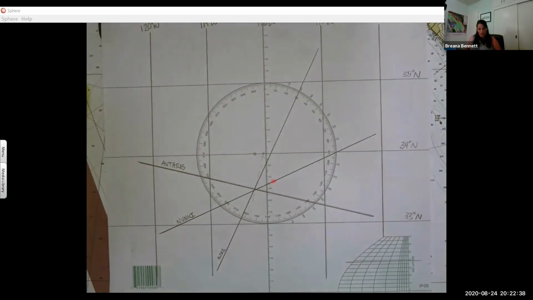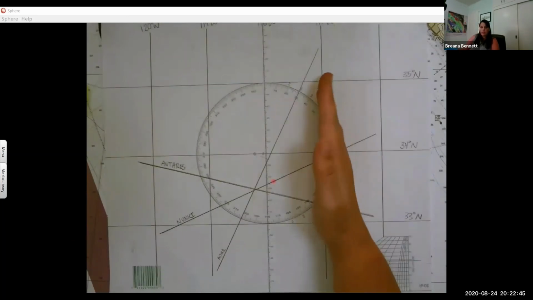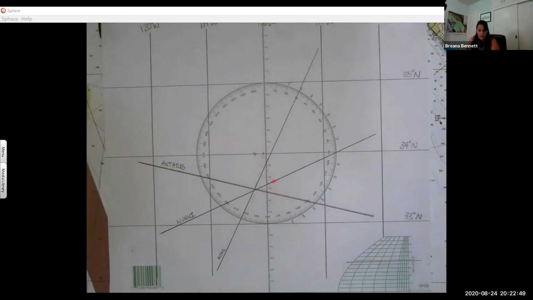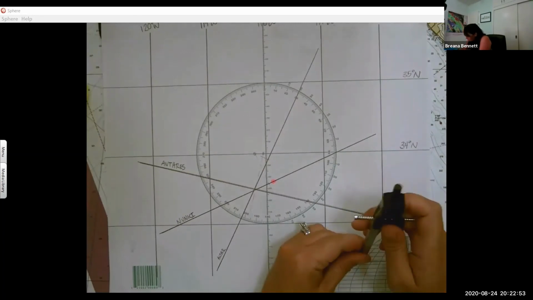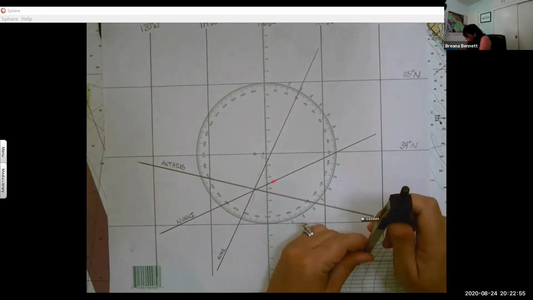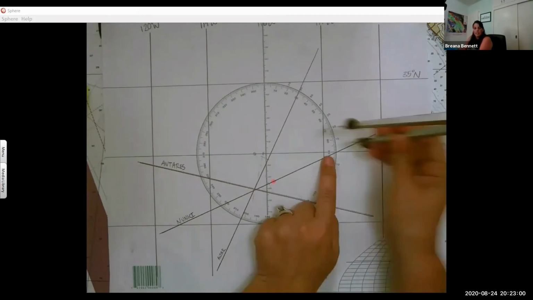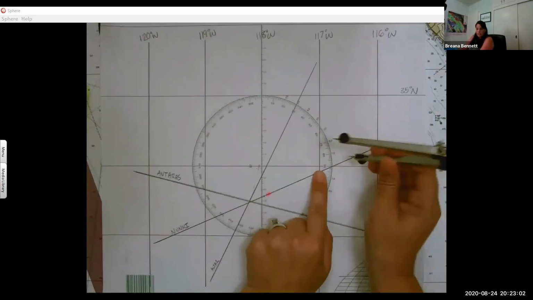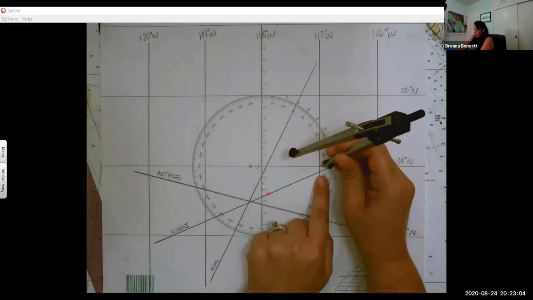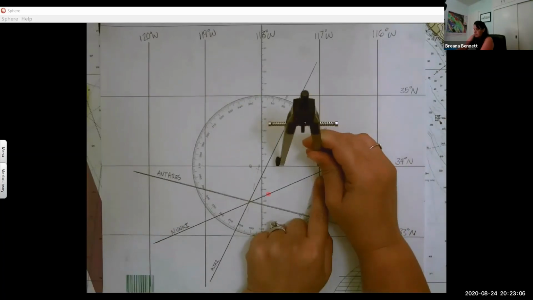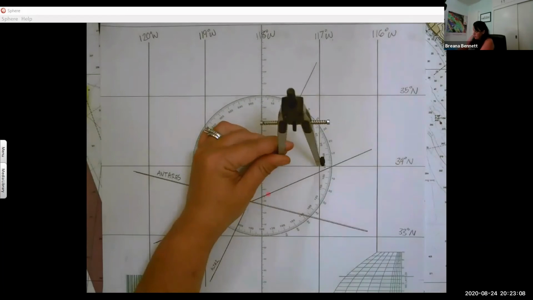Okay, let's plot some more. Our next one, Arcturus, is going to be from 117. So we got to take a mental note of that for our assumed longitude. And then it is 40.5. So 117, 40.5. So our assumed position is over here.